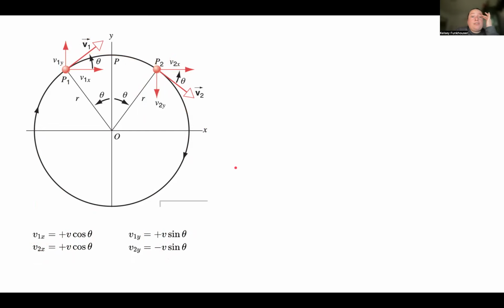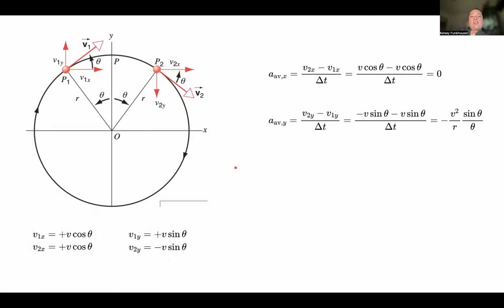We can use this information to find the average acceleration in each direction. Unsurprisingly, since the x velocity was the same in both positions, the average x acceleration is 0. But the average y acceleration is given by negative v squared over r times sine theta over theta.